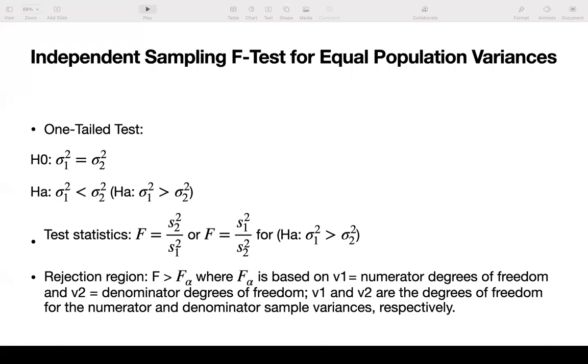It is for the alternative where sigma 1 squared is larger than sigma 2 squared. The rejection region for the one-tailed test is such that F is larger than F alpha, where F alpha is based on v1, the numerator degrees of freedom, and v2, the denominator degrees of freedom.